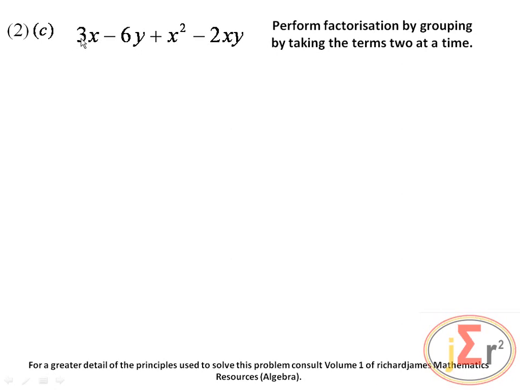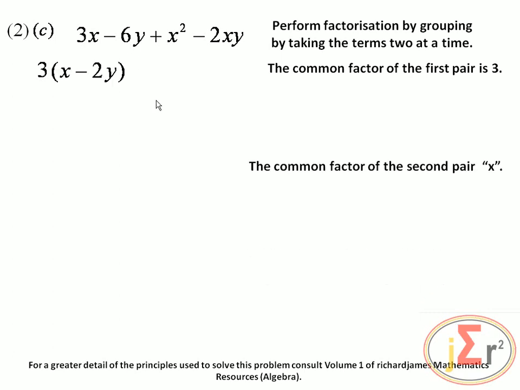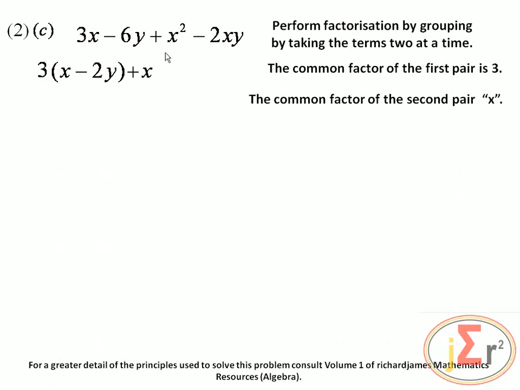What can go into 3x and go into 6y? Of course 3. So 3 is our common factor, and then we say 3 into 3x is x, and 3 into negative 6y is minus 2y. So we'll have x minus 2y right there. In this one, the common factor is x.